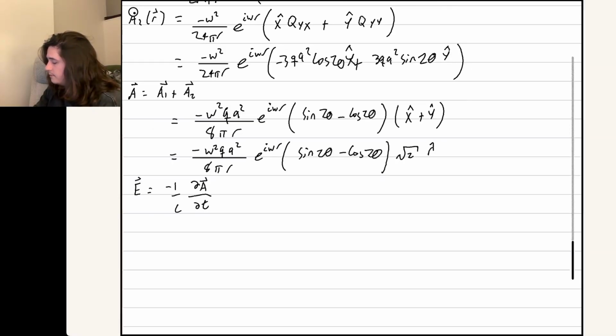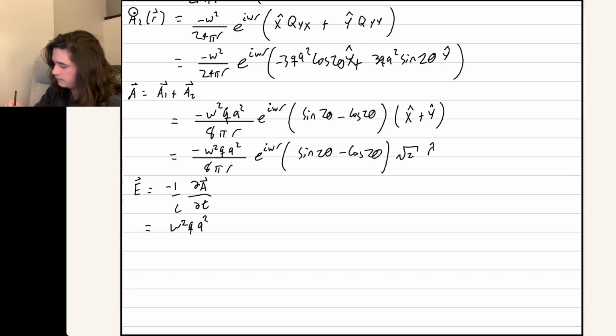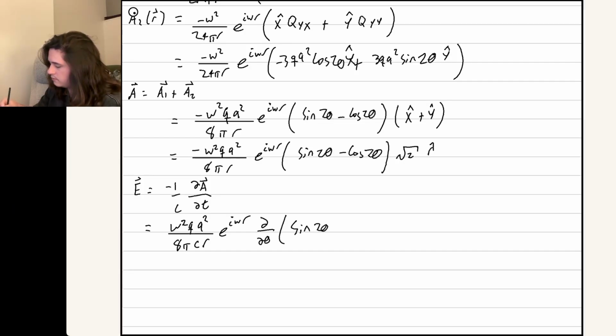And our time dependence is built into theta. So first of all, I'm going to factor through the overall minus sign, get omega squared q a squared over 8 pi c r e to the i omega r, and then I'll take the derivative with respect to theta of our trig functions.